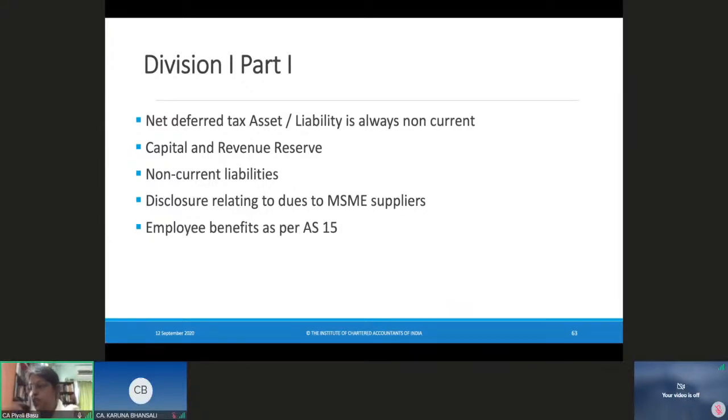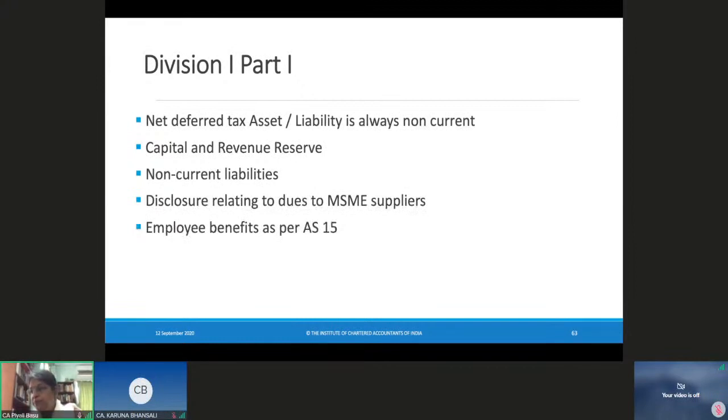Number and amount of shares authorized, and number of shares issued, subscribed and fully paid, subscribed but not fully paid, and par value per share, and reconciliation of the number of shares outstanding at the beginning and at the end of the reporting period, and the rights, preferences and restrictions of each class of the shares. So there are certain guidelines on the way the share capital has to be presented under Schedule 3.